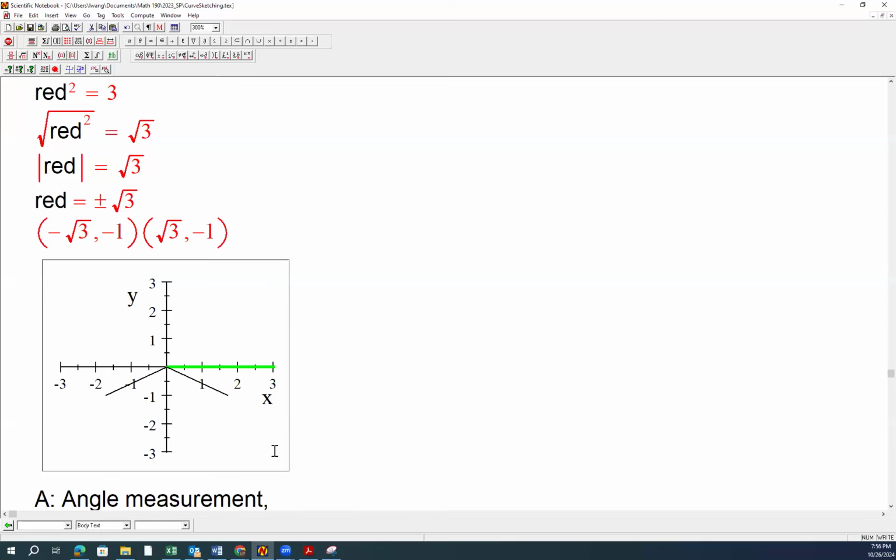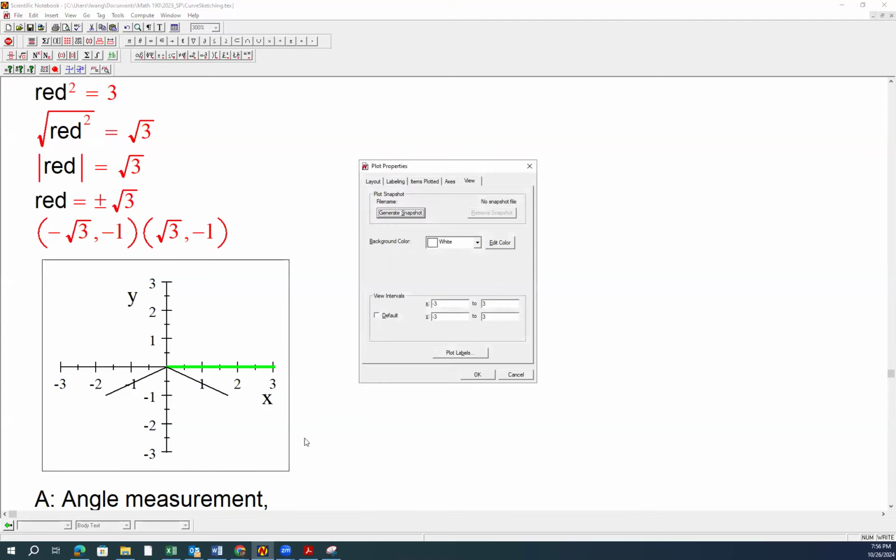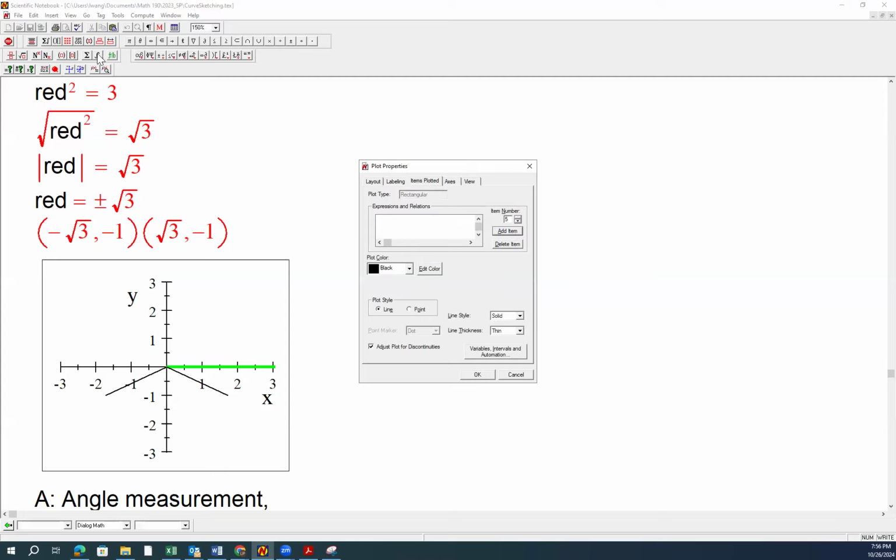All right. Let's draw the red and blue to confirm this. Red will be positive or negative √3, right? So we're going to draw the red.